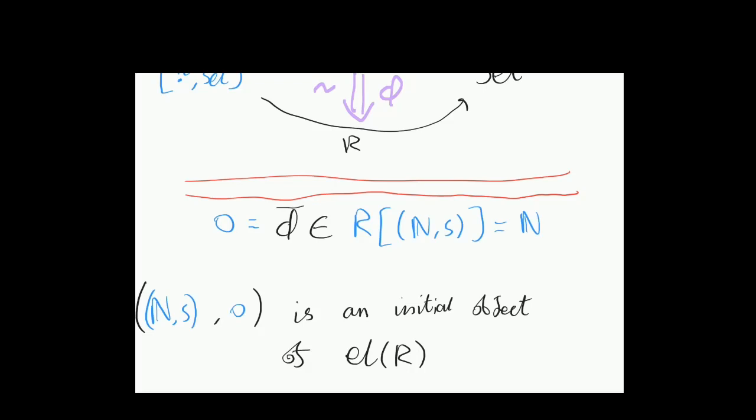Okay, so this is kind of crazy, right? Why is it that this massive elements category has this 0 thing as its initial object? Why should that be the case?